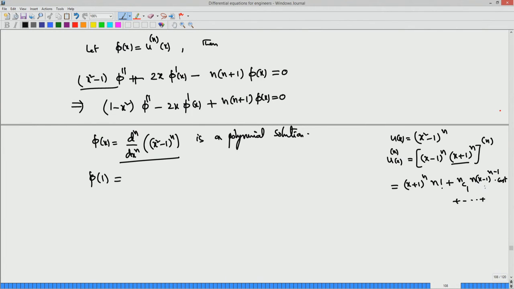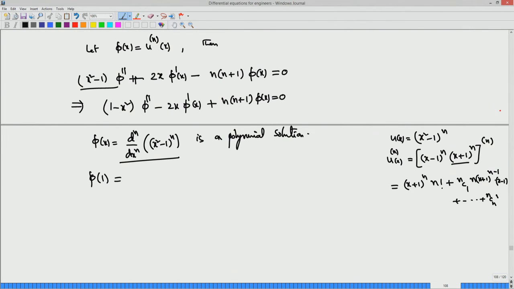Finally, you differentiate nCn. Sorry, this is the first derivative and will have an (x - 1) term. Similarly, nCn, you do not differentiate anything here, you differentiate only this part.